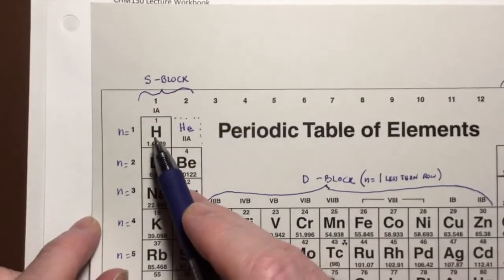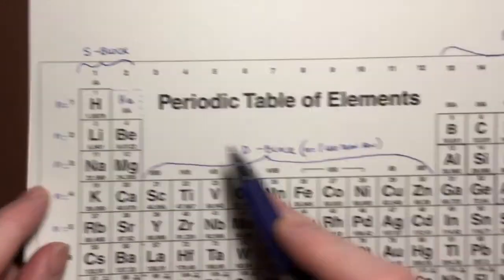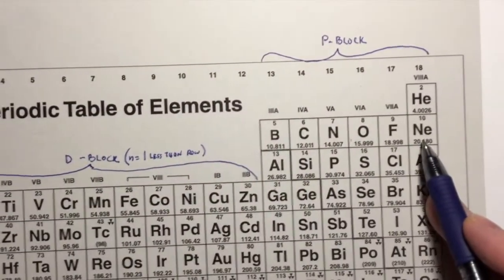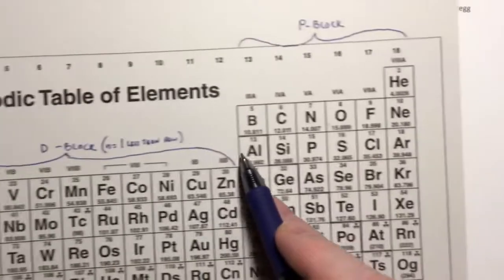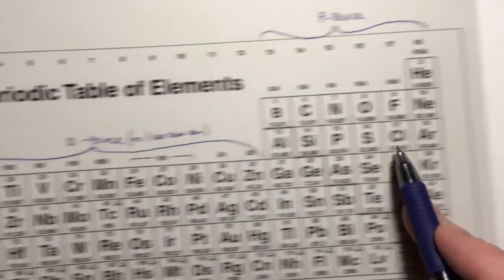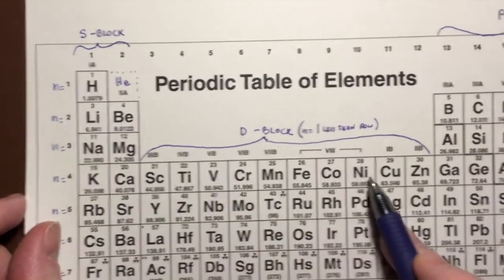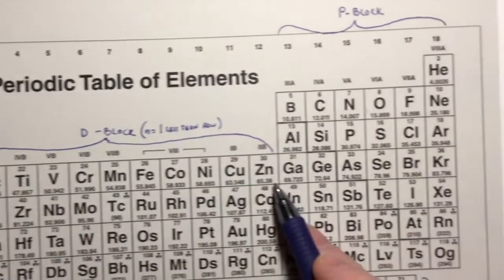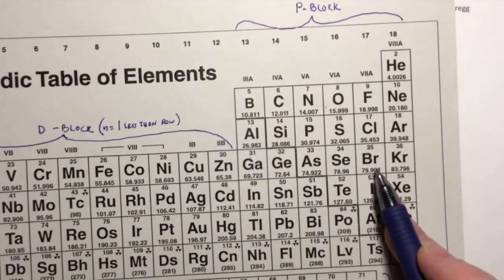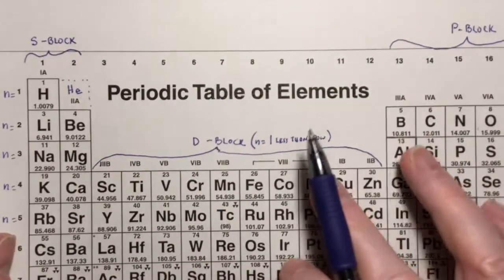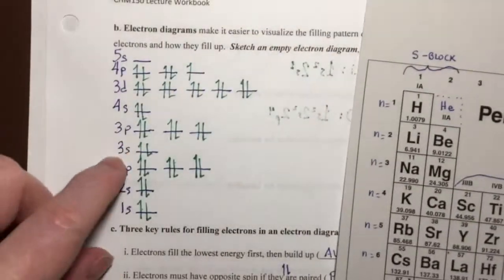So again, bromine is 1s2, 2s2, 2p6, 3s2, 3p6, 4s2, 3d10, and 4p5. And we were able to do that just by looking at the periodic table. We didn't need that chart.